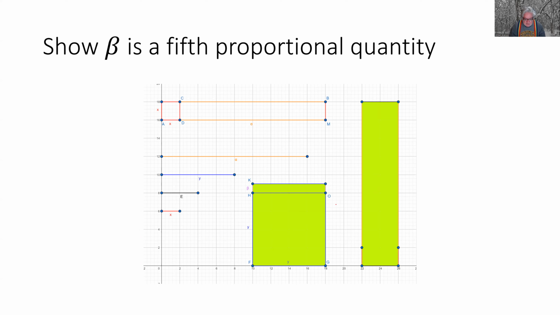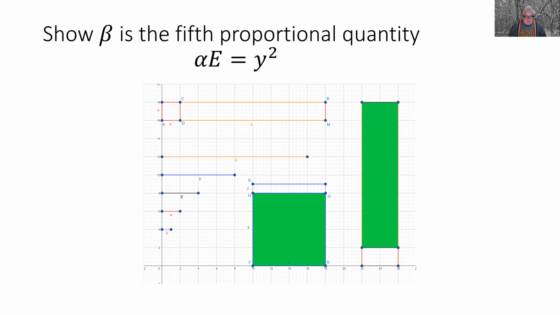We have this picture. We know that B equals A times E. That's the two yellow areas. They're the same area. What we also know is that alpha E equals y squared. Geometrically, in the picture, y squared is this area. Alpha is this part of A, and E is this.